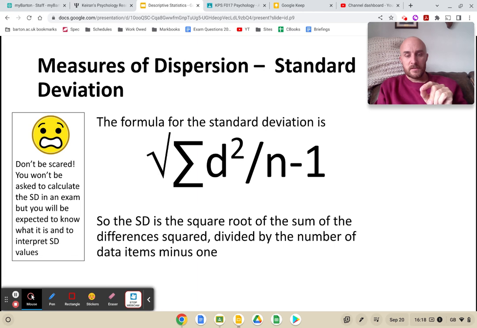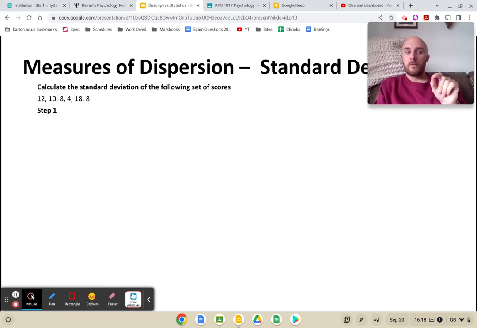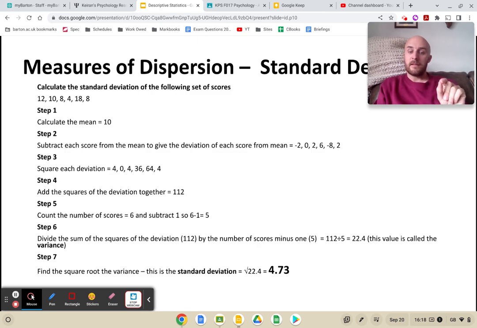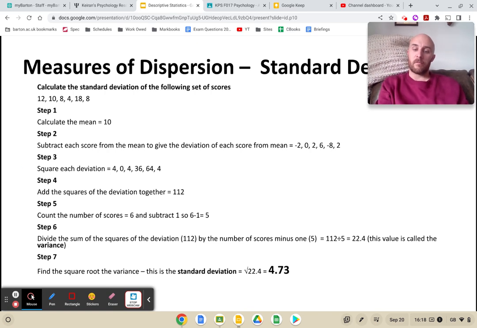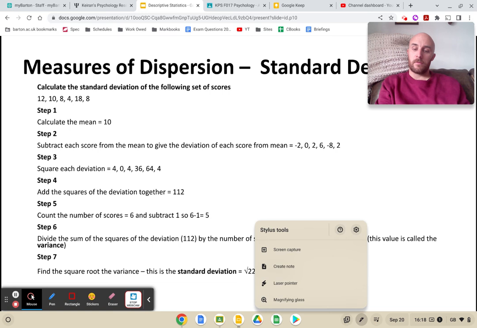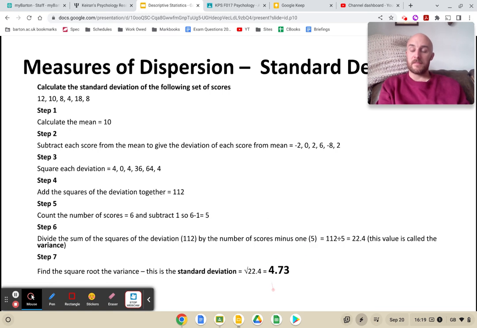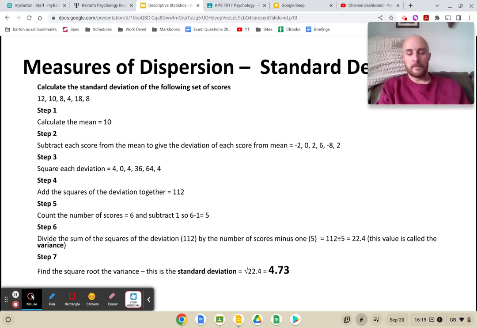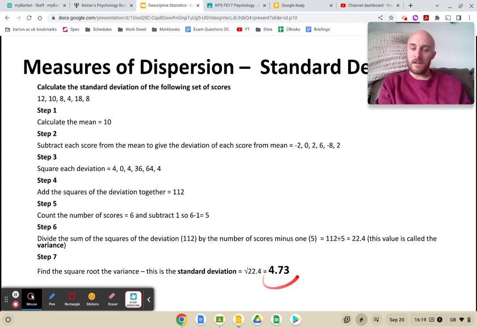You don't need to know this. This is also how you work out the standard deviation. You do not need to know this. All you have to be able to do is figure out and interpret that number down the bottom. So this is just a random data set, for example. What does 4.73 mean?